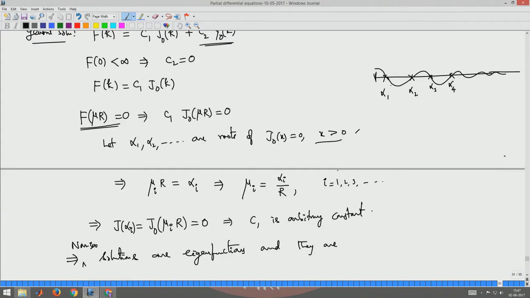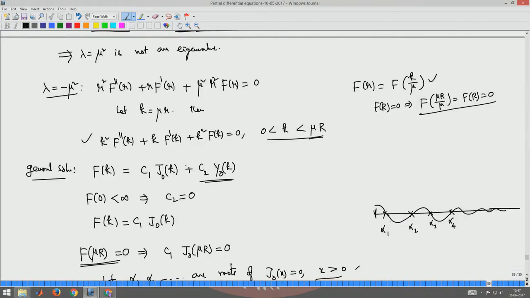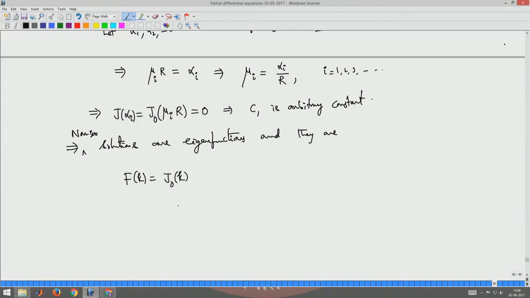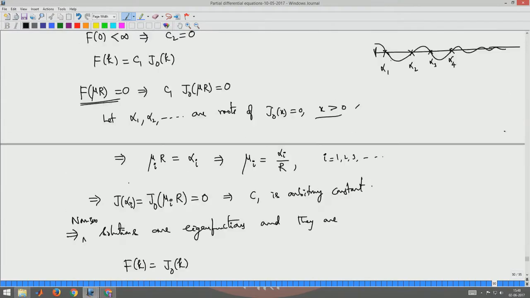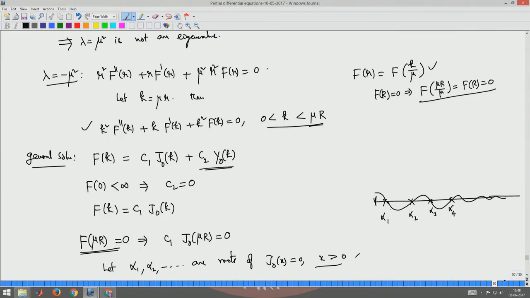You have f of k equal to J0 of k, where k is mu R. But what is f of R? You want f of R finally, not f of k.